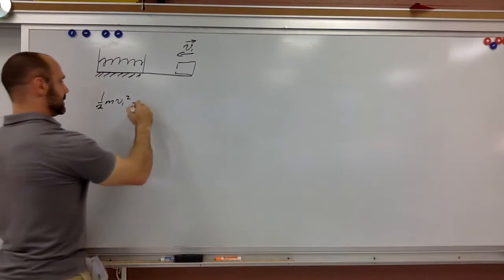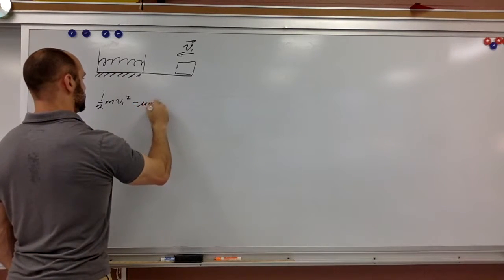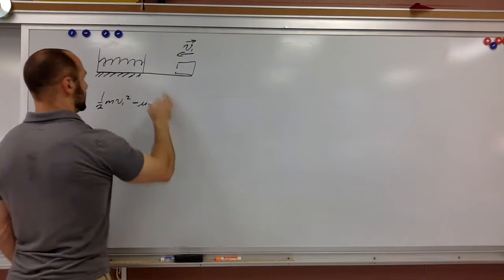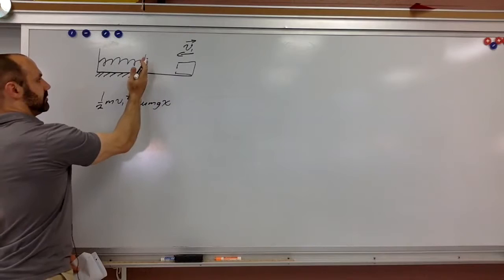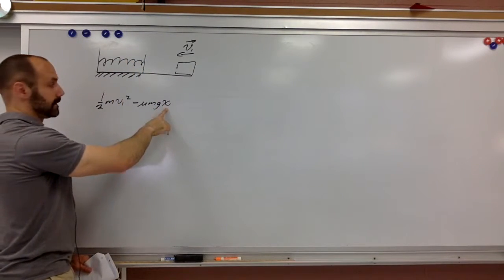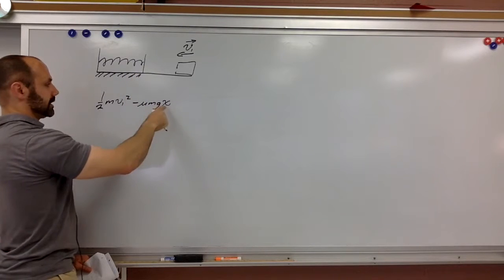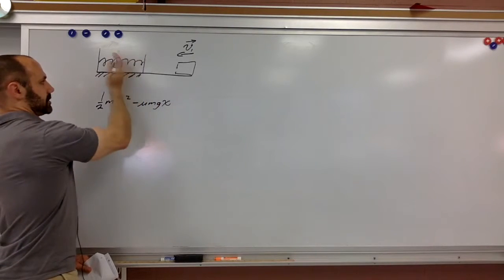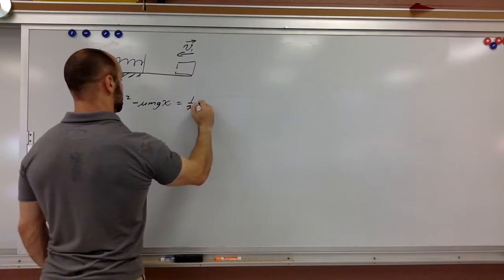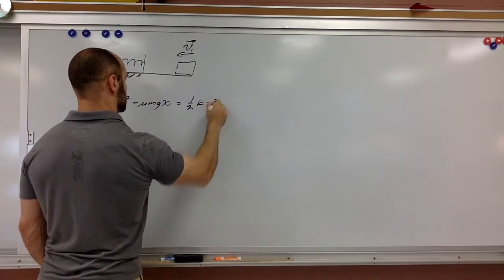So this is going to be negative mu mg, and I'll just call this x. I'm calling this x because however far this goes, that's also the compression of the spring. That's the key to this problem, recognizing that how far this goes is the same as the compression of the spring. So that's going to be 1/2 kx squared.